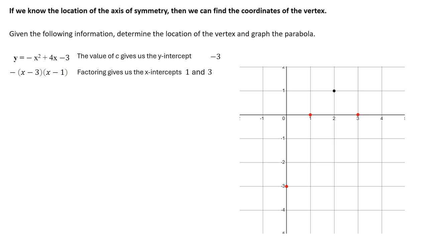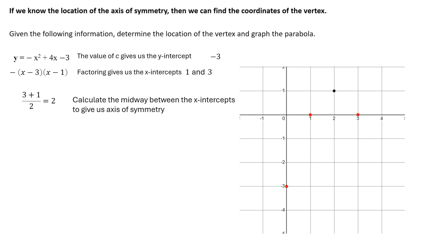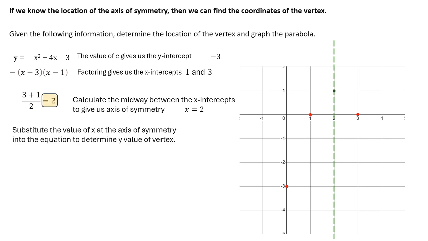Once we have our x-intercepts, we can add them together and divide them by 2 to give us our axis of symmetry. And this ends up being 2. And once we have an x value for our axis of symmetry, we can simply plug that 2 value back into our original equation to give us the vertex.